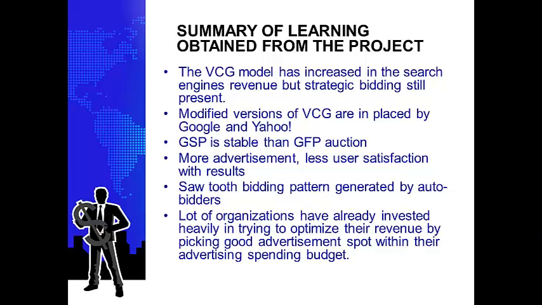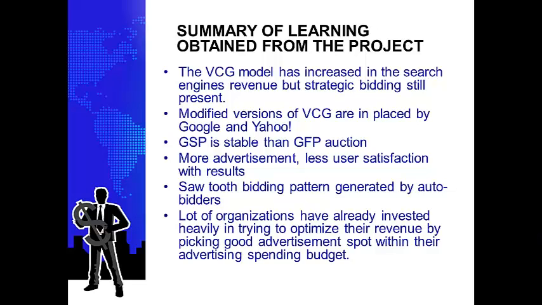And just to point out, Google and Yahoo are using modified versions of the VCG model, and we came to the conclusion that generalized second price auction is more stable than generalized first price auction. There is a relationship between more advertisements and less user satisfaction, so there is always a trade-off. And there is a sawtooth bidding pattern involved for GFP.